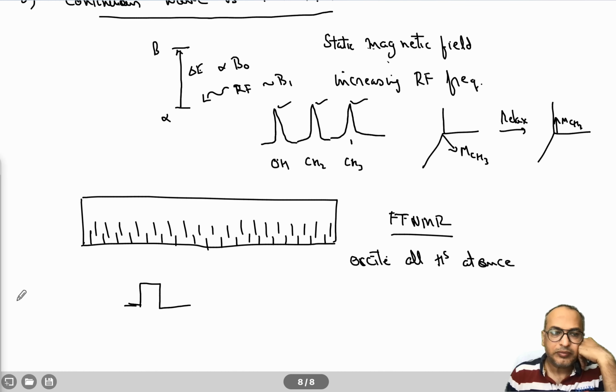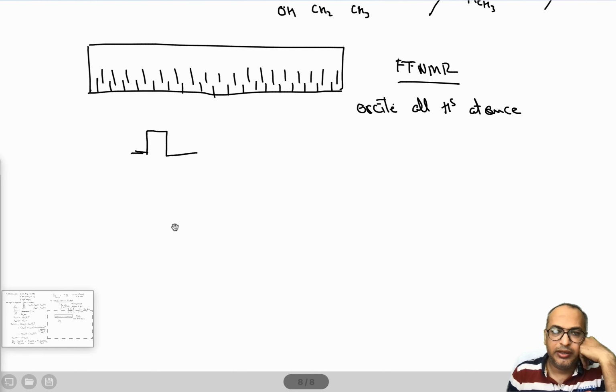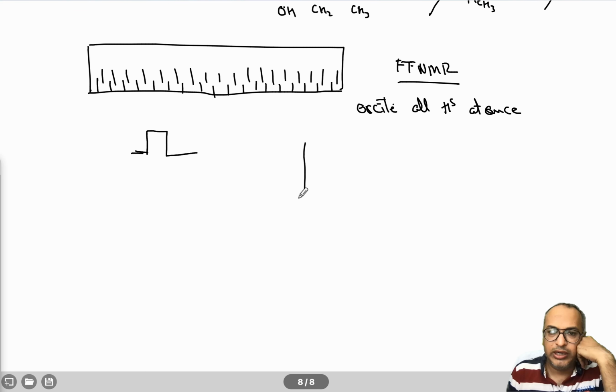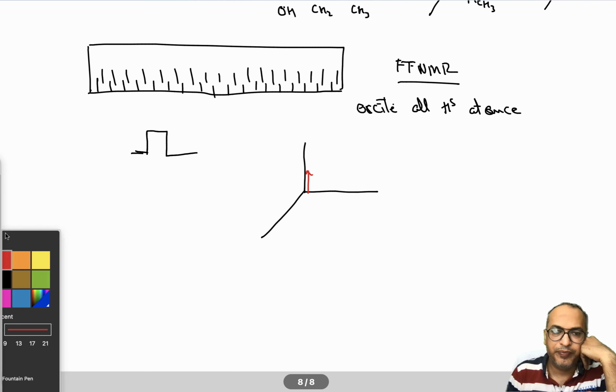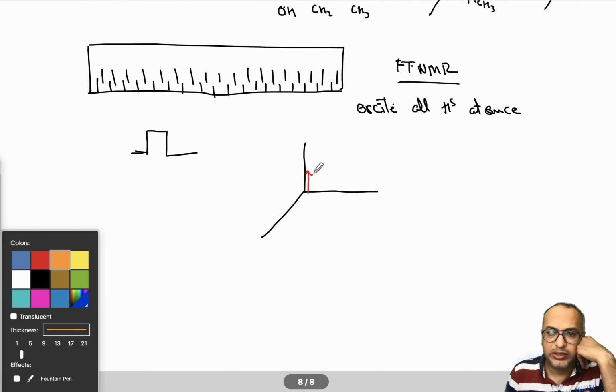So that means, let me draw it with different colors so that it is clear. Let's say this is for CH3, this is for CH2, this is the bulk magnetization for 3 different protons.